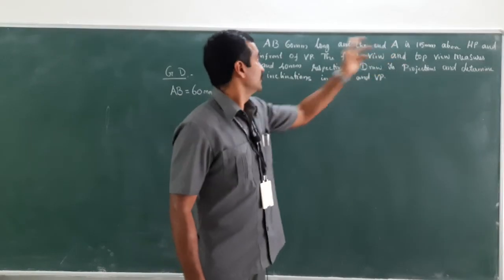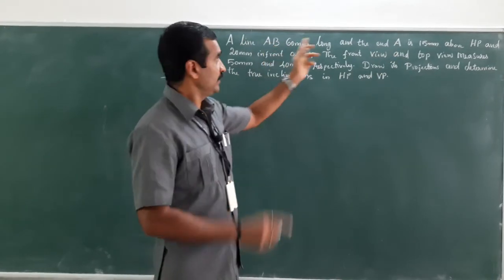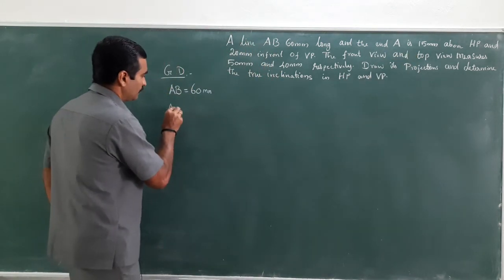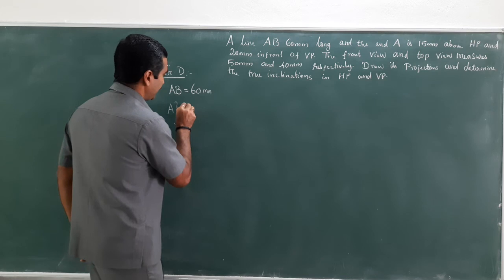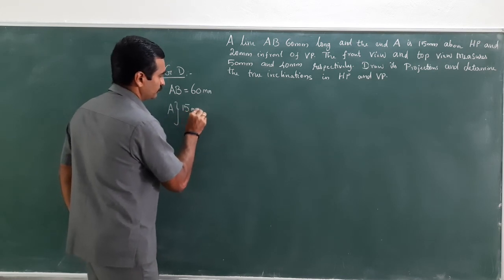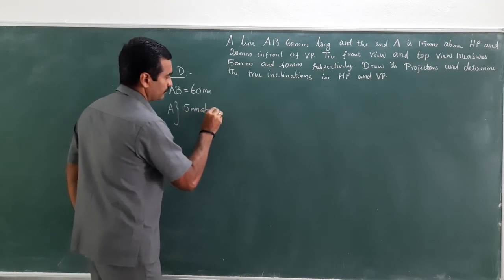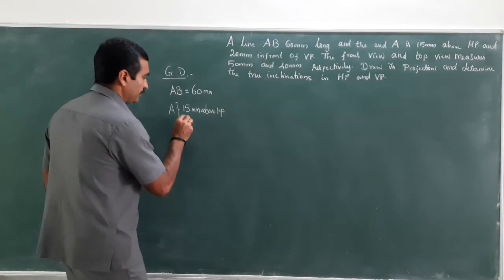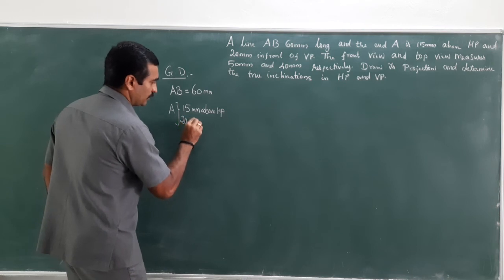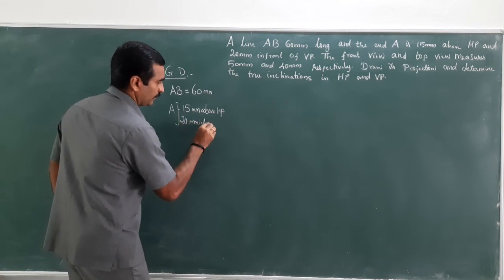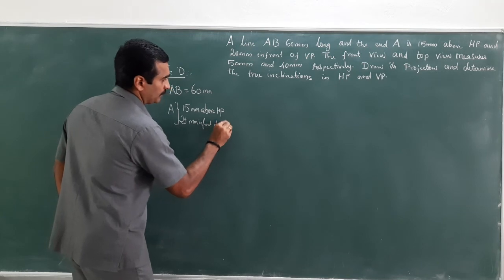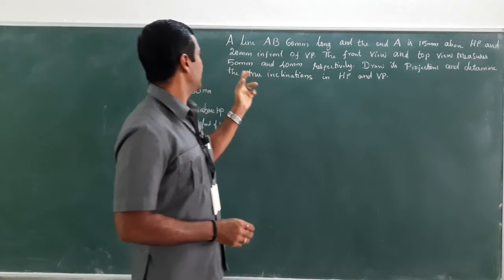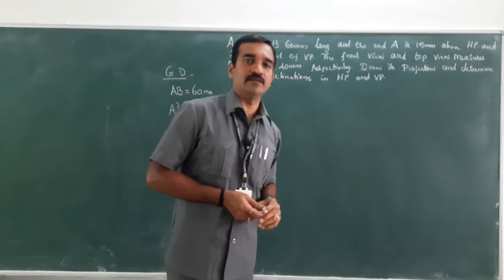So one end of the line AB, that is A, is 15 mm above HP and 20 mm in front of VP. The front view and top view measures 50 mm and 40 mm respectively.